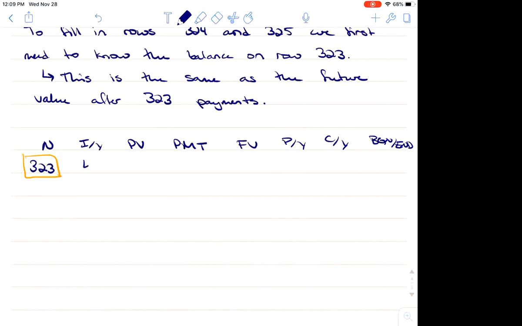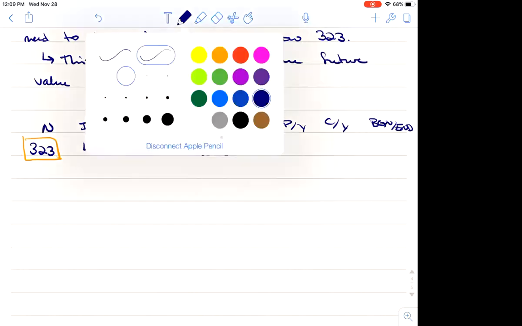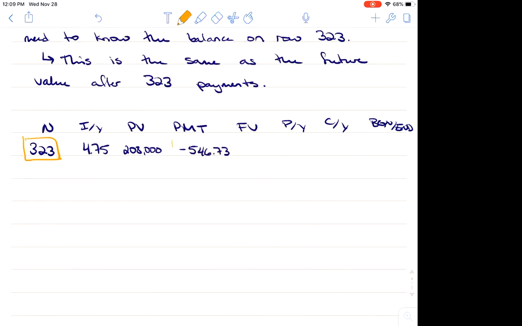The interest per year is still 4.75, that's the same. The present value was still 208,000. Our payment amount, we know is negative 546.73. And so that's new. I'll just highlight it here.